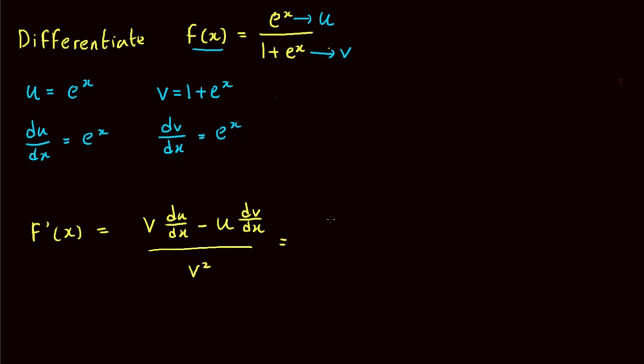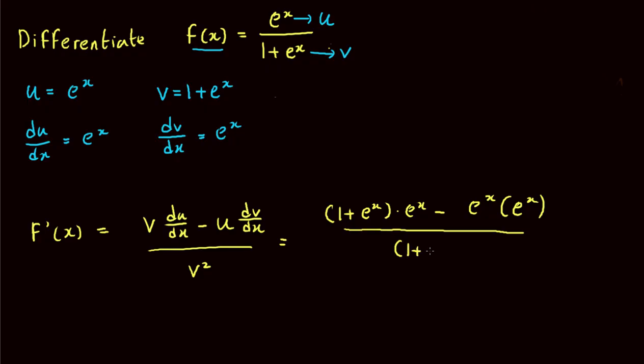So frankly, it is just 1 plus e to the power of x times du/dx, which is e to the power of x, minus u dv/dx, which will of course be e to the power of x, over v squared. So v squared would be 1 plus e to the power of x, squared.